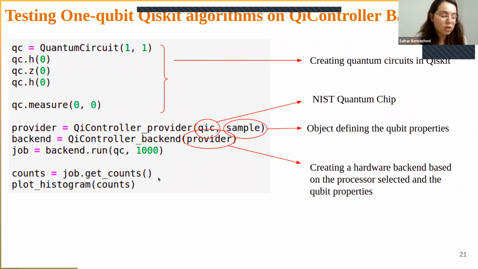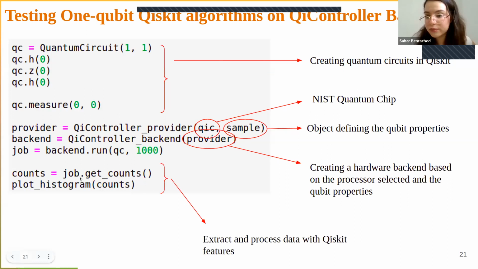Counts is the dictionary variable that indicates which quantum states were measured and the frequency of measurement of the states. That would tell us directly the probability of measuring each state for our experiment. And then we can use the plot histogram feature from Qiskit in order to have a better display of our results.